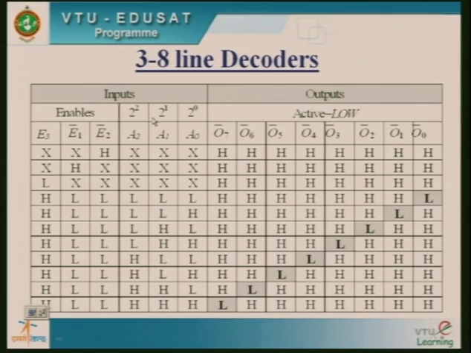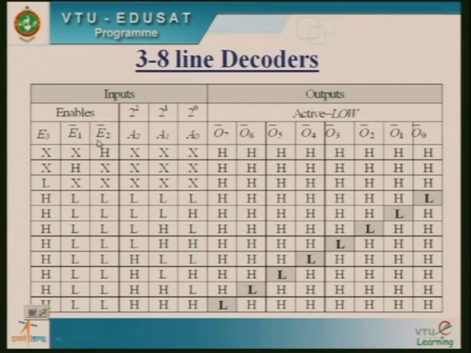So you can just see the decoder truth table. We have inputs over here, and enable pins. As I discussed, we have 3 enable pins. That chip 74138 has got 3 enable pins, which need not be the same for all ICs.